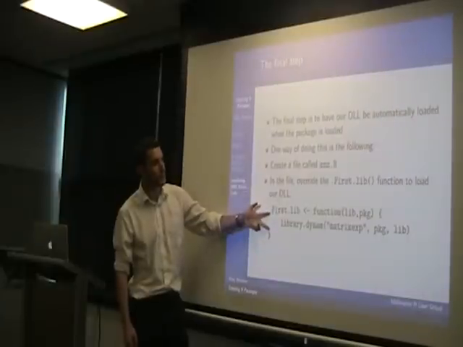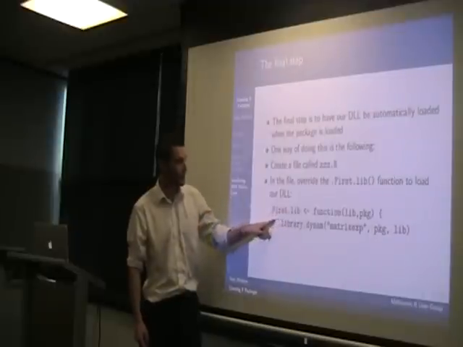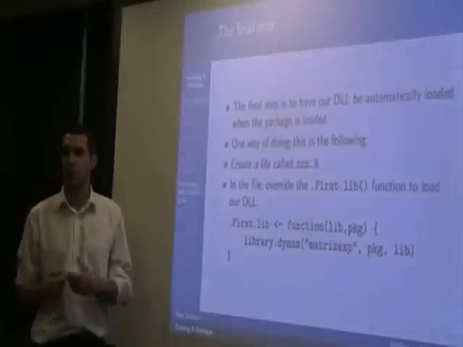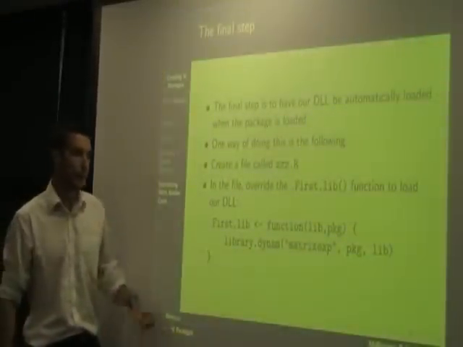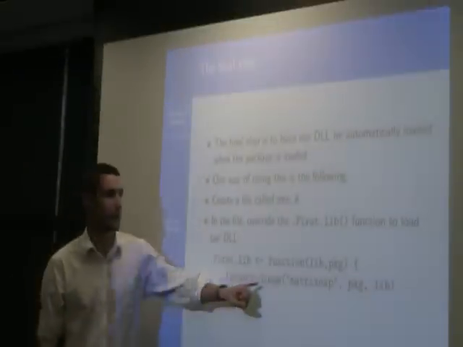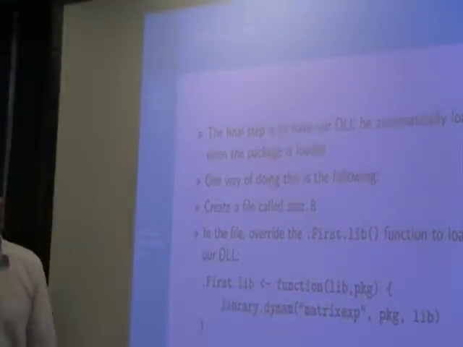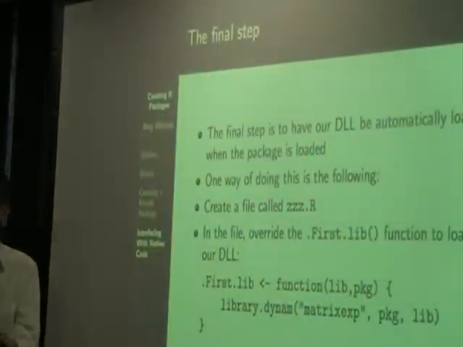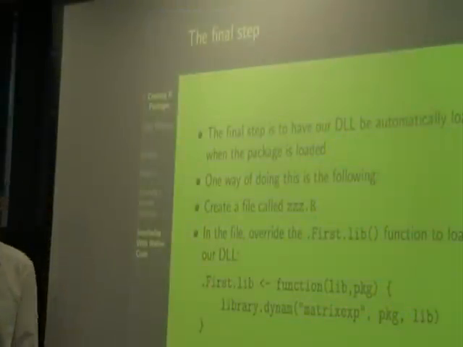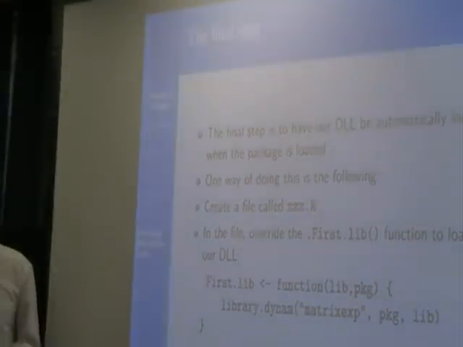In it you put a function which has to be called .First.lib, and this function will be invoked whenever your library is loaded. People normally use it as a hook to load in your shared library when your package is first loaded. So if somebody types library(matrixexponential) or whatever it is at the prompt, because I've defined this hook function, it'll load the DLL or shared library, and then everything's available.